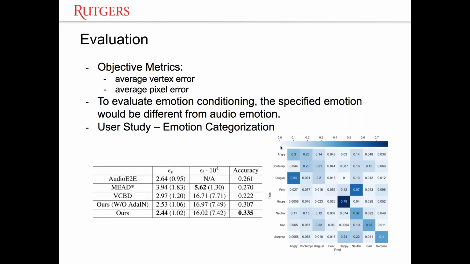And we also report the confusion matrix of the ground truth and the prediction. It's obvious that happy is mostly predicted correctly. Along the diagonal, these are correct, accurate predictions. You can see that disgust is confused with angry.